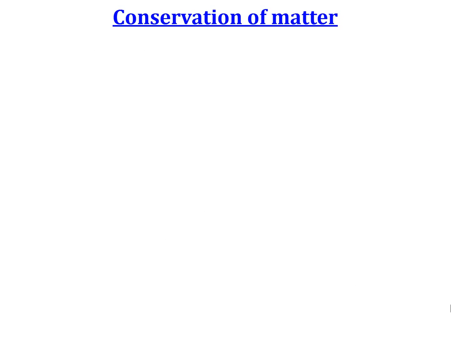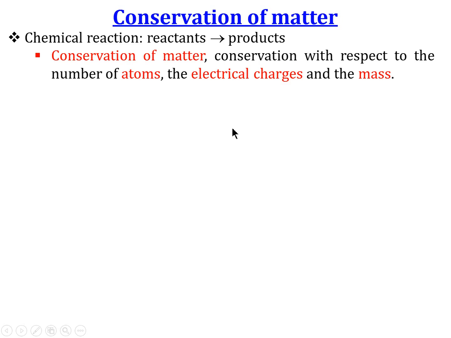Take a reaction from reactants to products. We have conservation of matter, and we have conservation with respect to the number of atoms. That means the number and the types of atoms present in the reactants are equal to the atoms produced in the products.